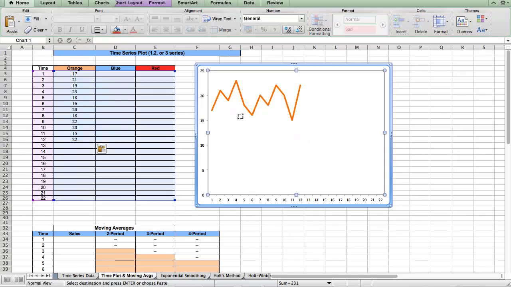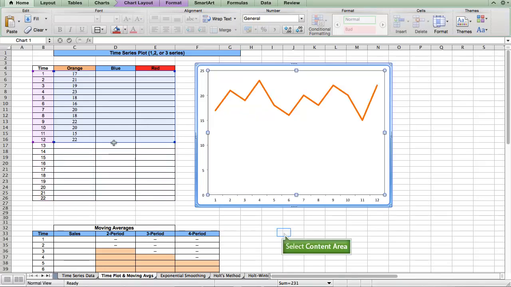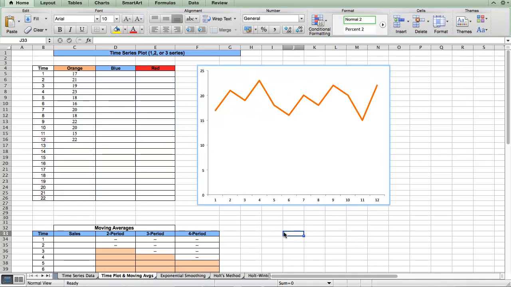We can see from the time plot that the pattern is horizontal, or what we call a stationary pattern. So we do see up and down variability, but that is mainly relative to a constant mean.